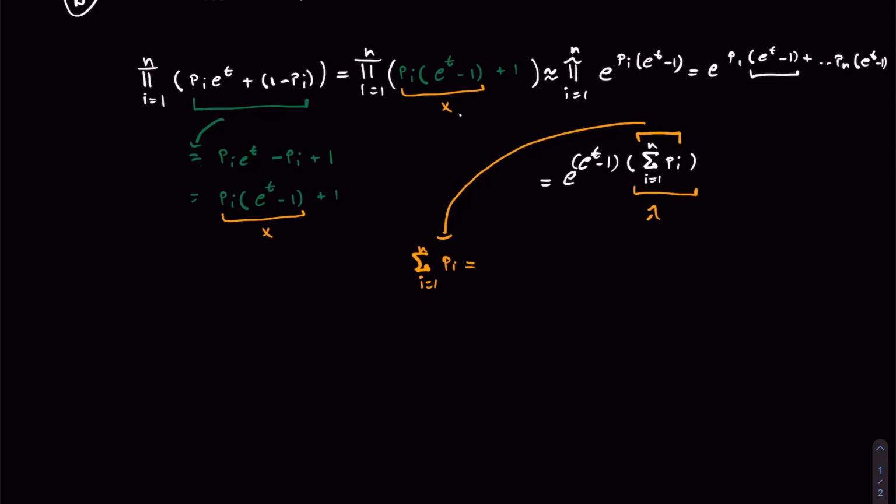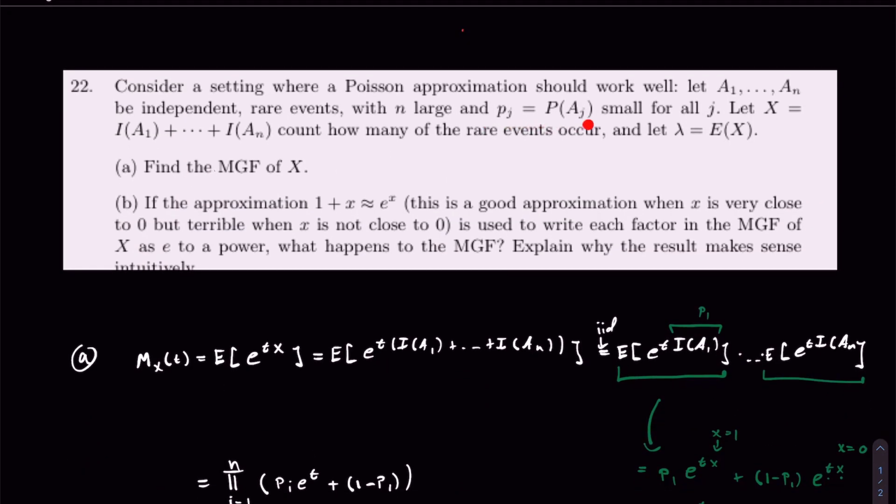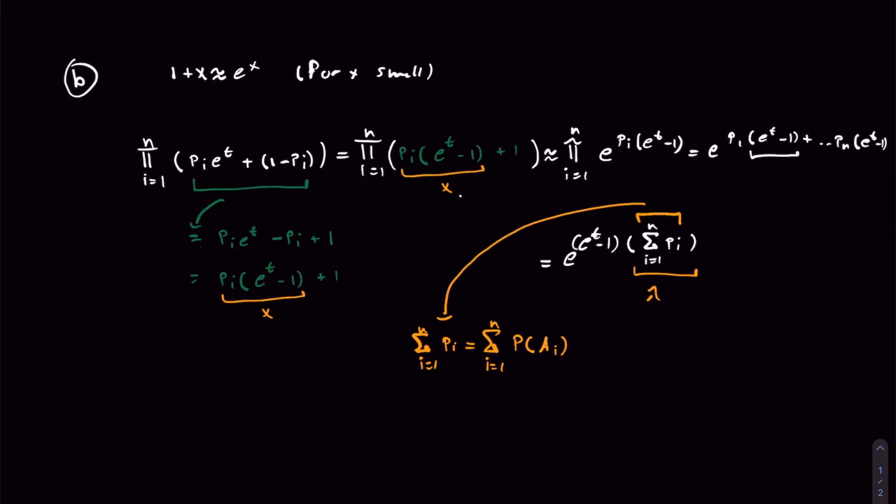Okay, so that is the same thing as the sum over the probability of the event A_i, right? That's just given in the information over here. Now I'm using a different index here, I realize, but that's okay.